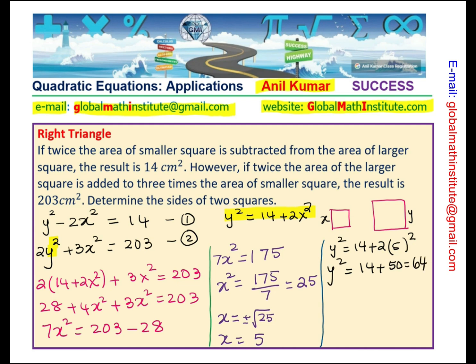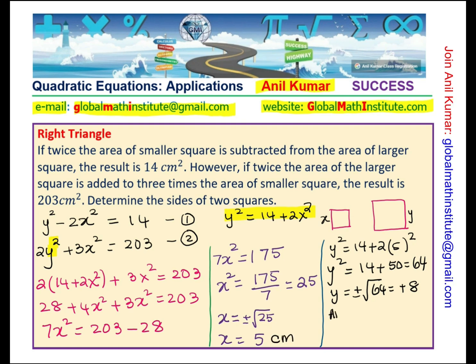So y square is 64. Y is plus or minus the square root of 64. Only one answer, plus 8. Units will be centimeters, right? So our answer is the sides of the squares are x equals 5 centimeters and y equals 8 centimeters.